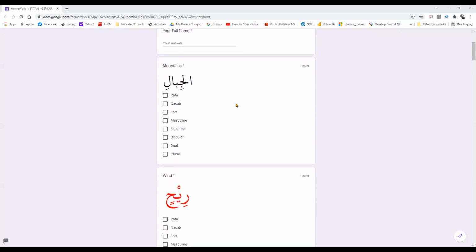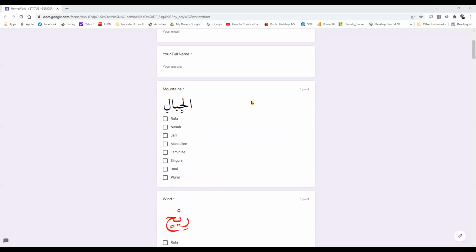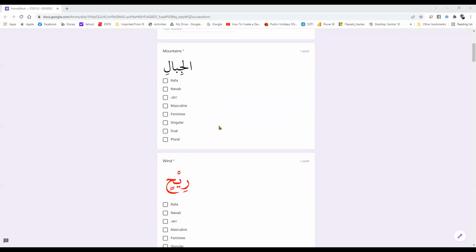So I'm sharing the screen, but you can just click on that anyway. And see, some of the meanings are already on the top. Few of the words don't have the meaning, but some do. Let's see, Al-Jibali means mountains. So you just find out: is it Rafa, Nasab, or Jar, is it masculine or feminine, and is it singular, dual, or plural? So basically we're dealing with three properties of the ism: status, number, gender.